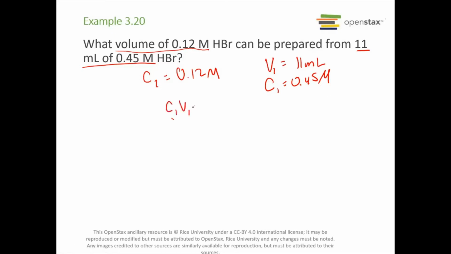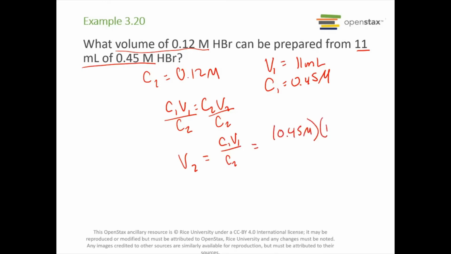We have C1V1 equals C2V2. We're solving for V2, so we've got to divide both sides by C2. So V2 equals C1V1 over C2. So that's 0.45 molar times 11 milliliters divided by 0.12 molar.